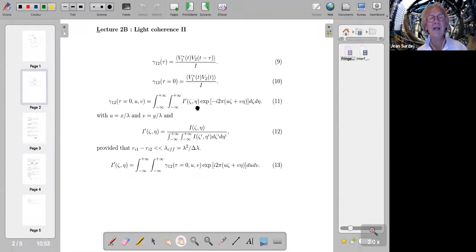Now you see here that you have 2 variables, u and v. x is the position along the x-axis of one of the 2 apertures, one of the 2 pinholes, with respect to the first one. y is the position of that second aperture with respect to the first one, but along the y direction.